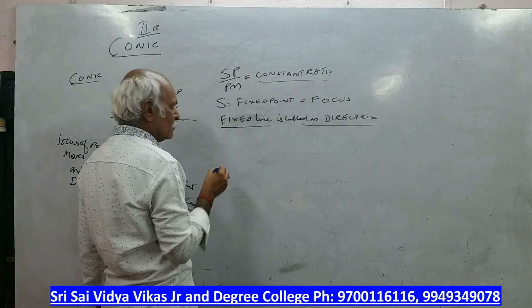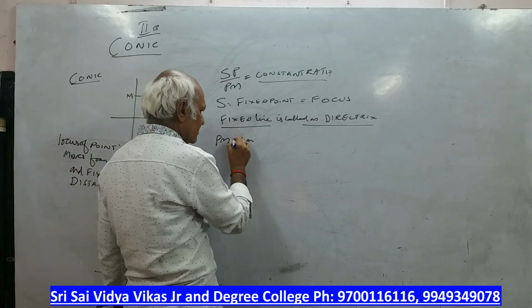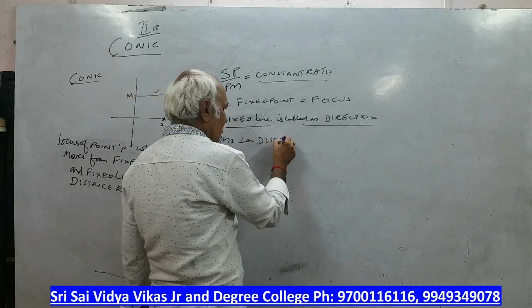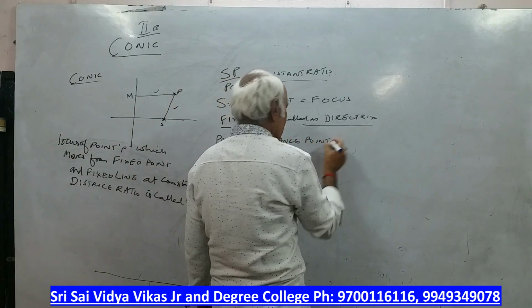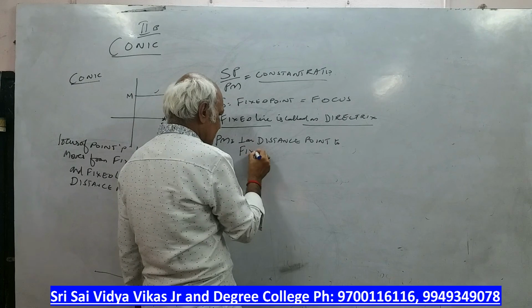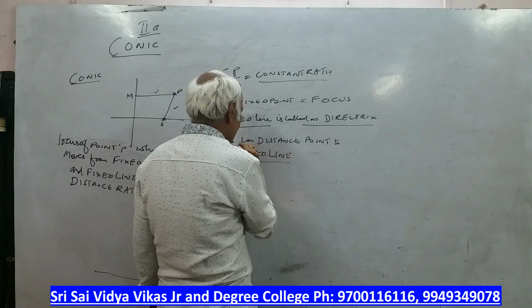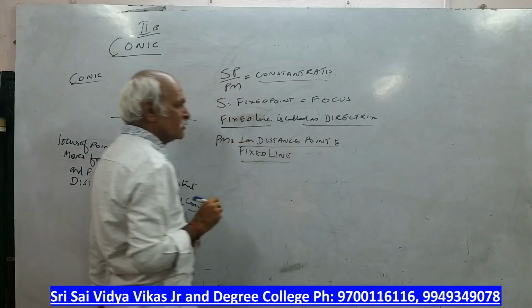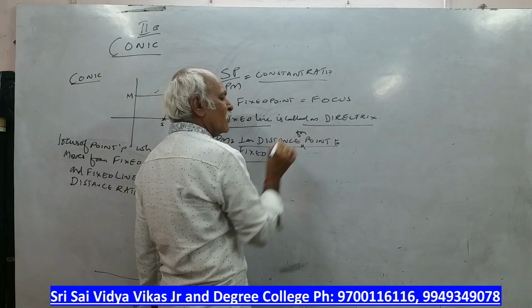These names we have to know. And PM is the perpendicular distance from the point to the fixed line. Alright, the perpendicular distance from the point to the fixed line is called PM.